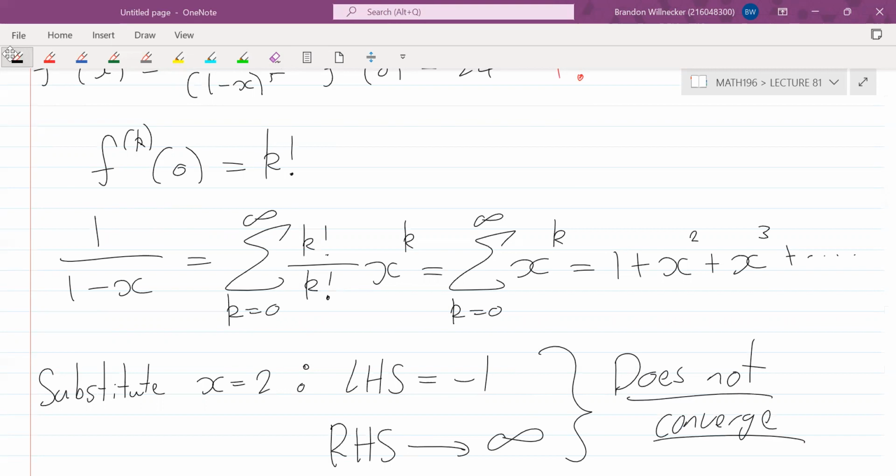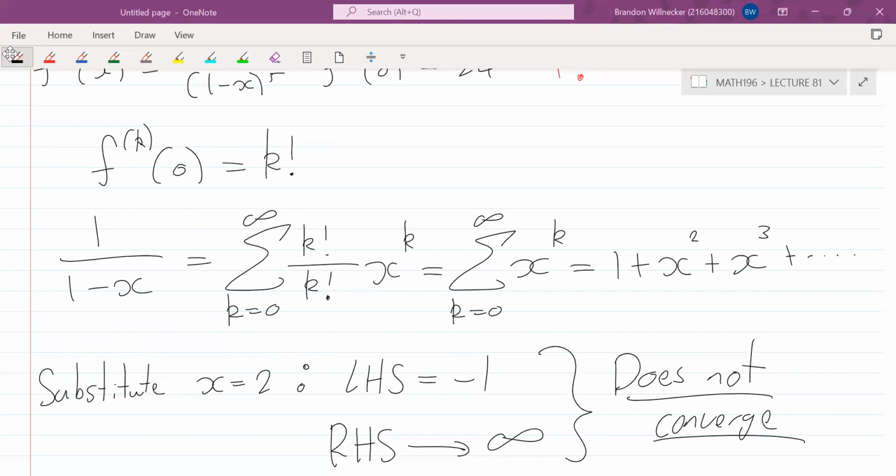Okay, so you might recognize this series from high school. This is actually the geometric series. The 1 plus x plus x squared plus x cubed, that's a geometric series. And we know that the geometric series converges if the ratio, or in this case x, the magnitude is less than 1.